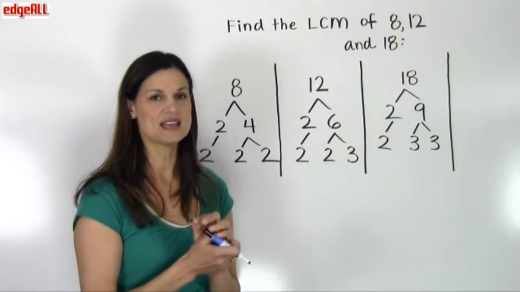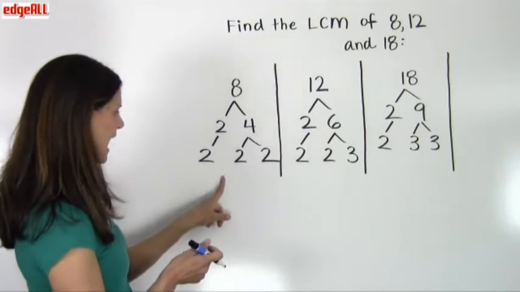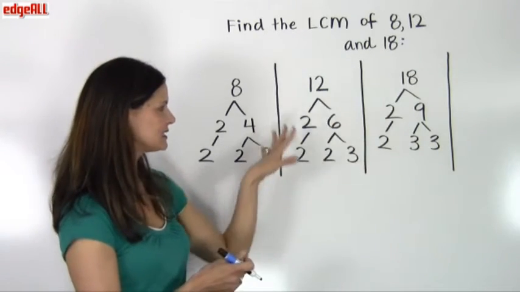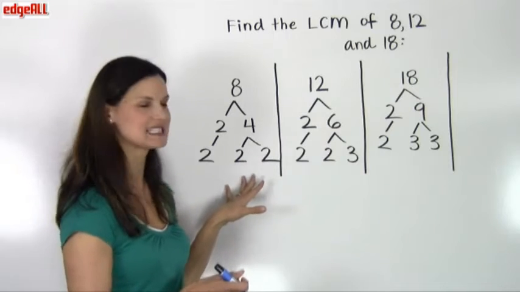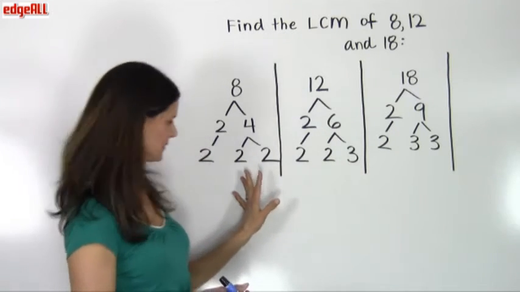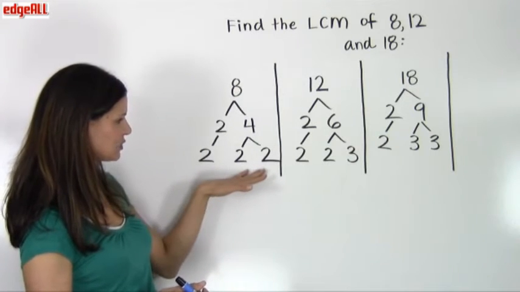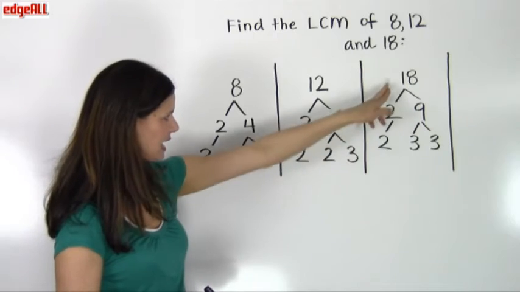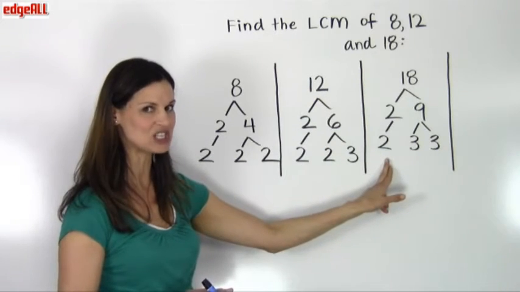So 2 is one of our prime numbers, and we want to find which of these prime factorizations contains the greatest number of 2's. So our 8 has 3 2's. Our 12 only has 2 2's, and our 18 only has 1 2.